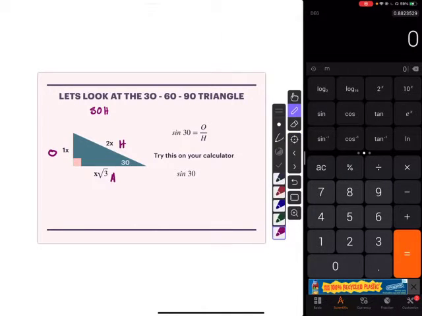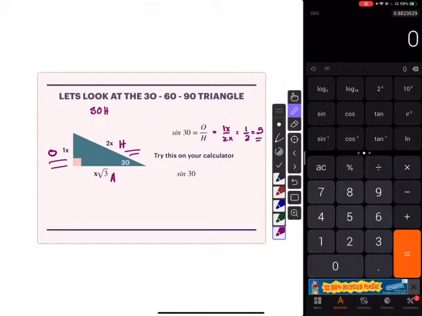And so the sine of 30 degrees is 1x over 2x, or just 1 over 2, or 0.5. In every 30, 60, 90 triangle, the opposite over the hypotenuse is always 0.5, or a half.